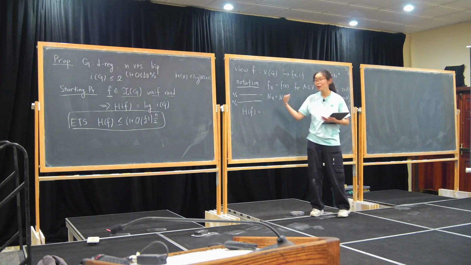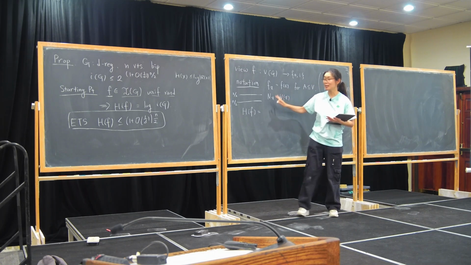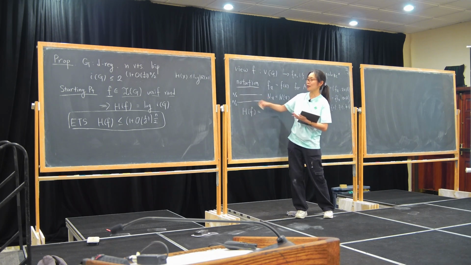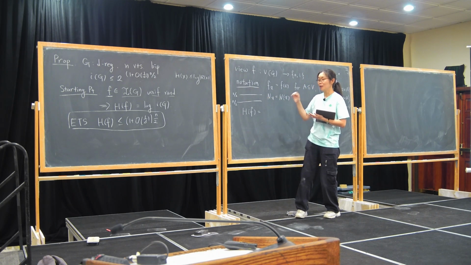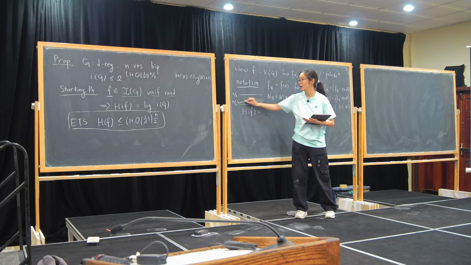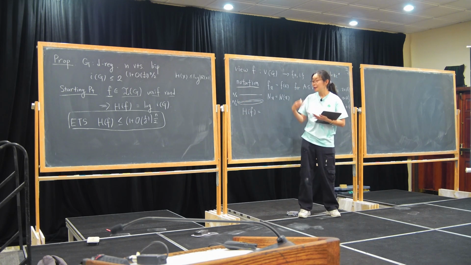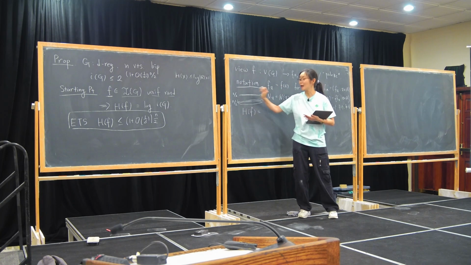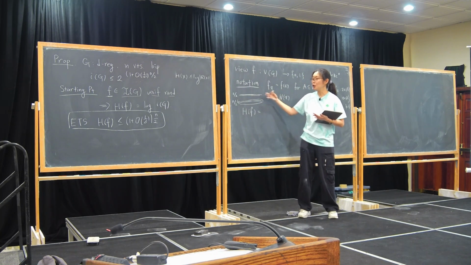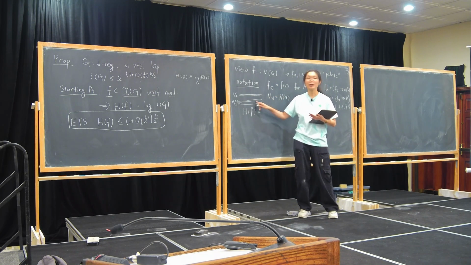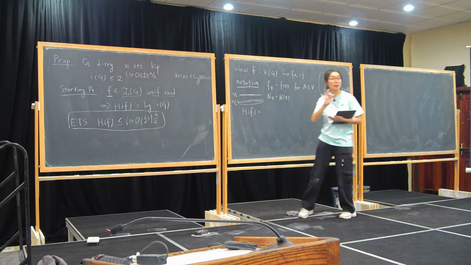One natural way to approach this is, instead of revealing the colors at random, we look at one part of this bipartition, and then determine the color of the other part based on the information that we already got from the first part. Okay, so this is the approach that we use.